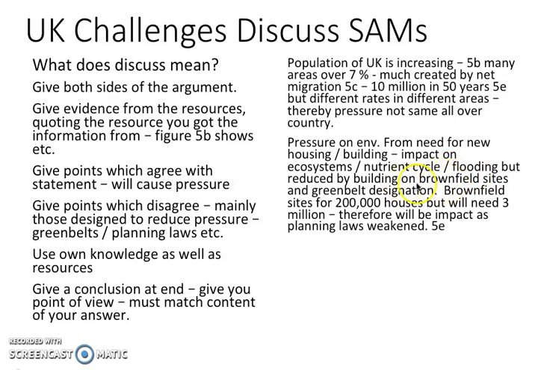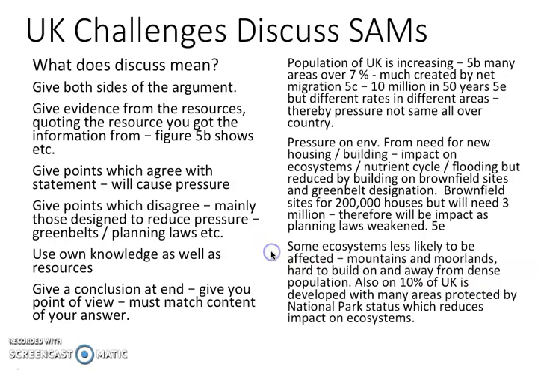But this can be reduced by building on brownfield sites. So we're saying how, well, maybe it won't have a big impact. But then, again, looking at the figures, brownfield sites will only hold 200,000 houses, but we need 3 million. And some ecosystems are less likely to be affected, and also we have national park and greenbelt status as well. So again, maybe worth just pausing those and having a look before you write your own answer.